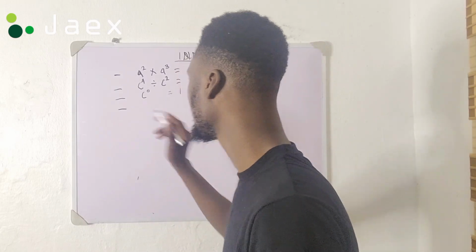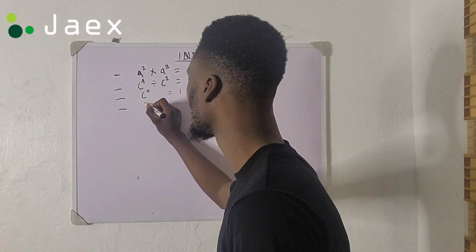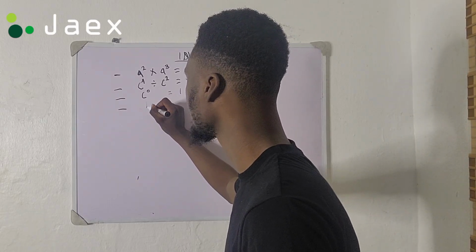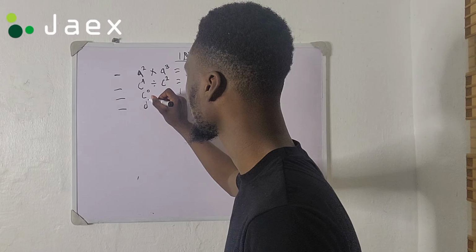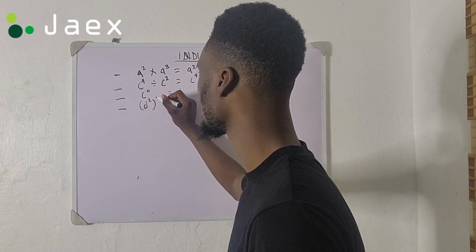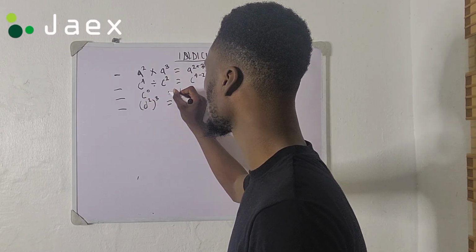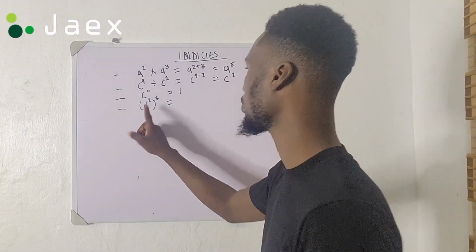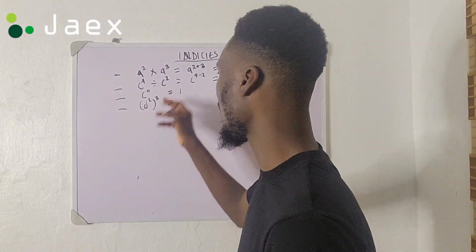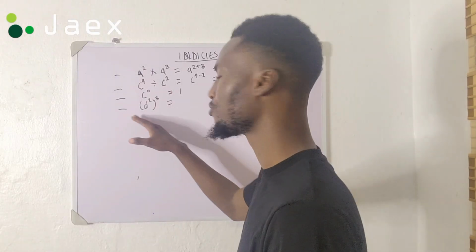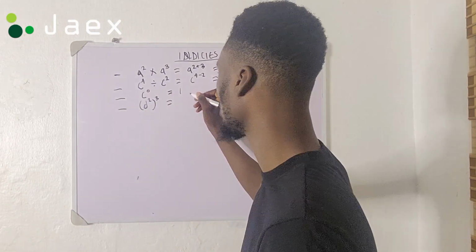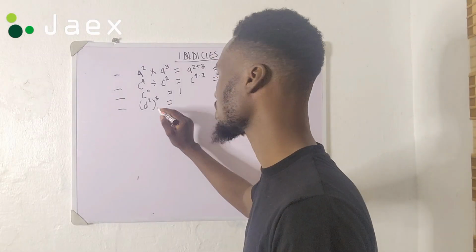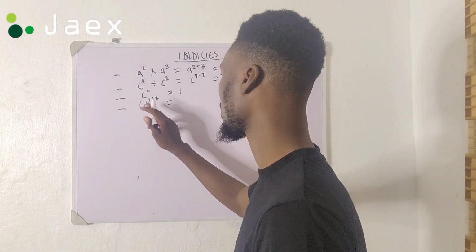Now, for the fourth law, let's say we have d square, all into brackets cube, is equal to, now when you have a letter or a number with power and there is the outer power covering it, what you do is that you multiply both the power outside the figure and the power closer to the figure.